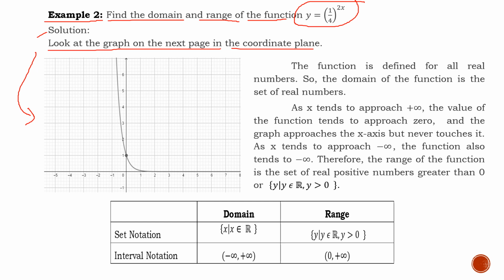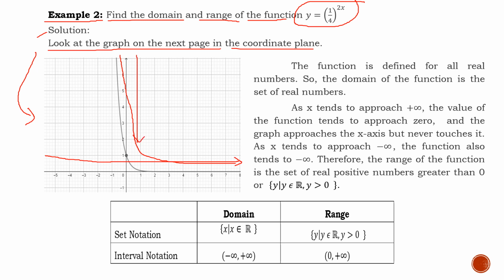So as you can see in this graph, as your x increases, from negative values up to positive values, your y value decreases.